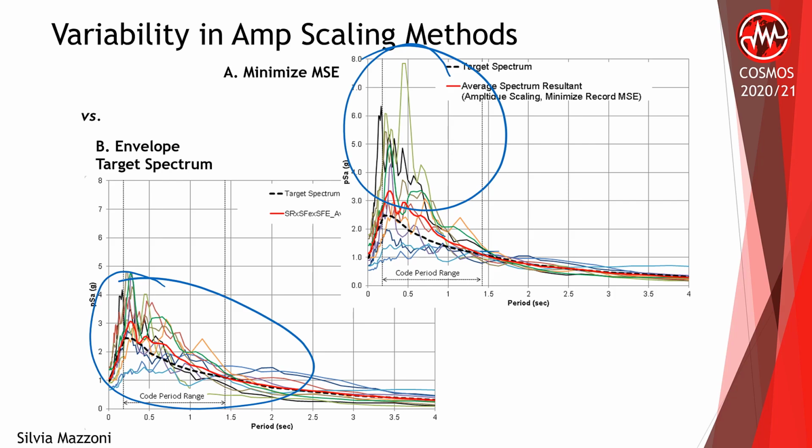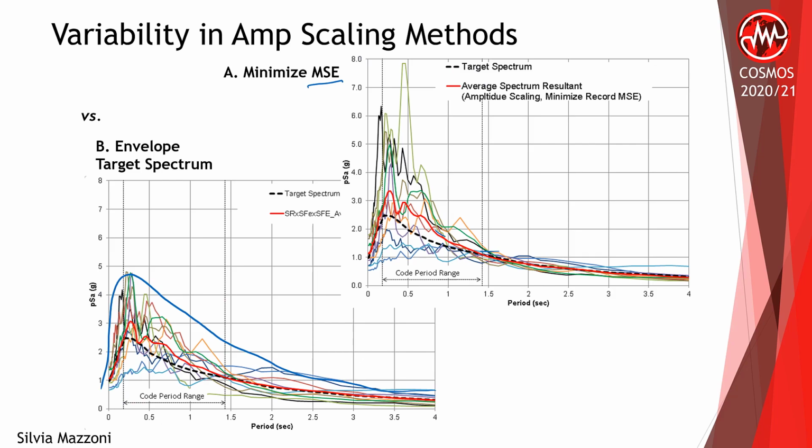In this case, it's interesting because they're scaled first to minimize the mean square error for each record, and then the overall scaling of the suite. And here, on the other hand, I scaled them such that they would hit the target spectrum and then they got scaled up. And so it's interesting how just your initial scaling can affect the end results of your suite. Again, when you have a small number of records, amplitude scaling is very sensitive to your choice.